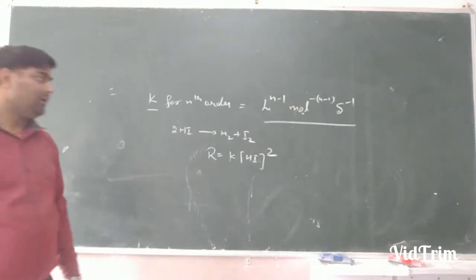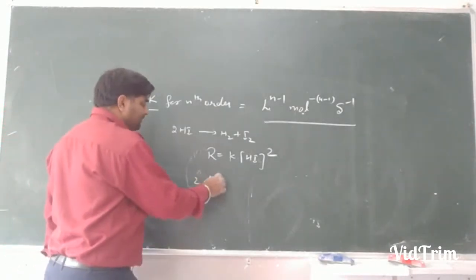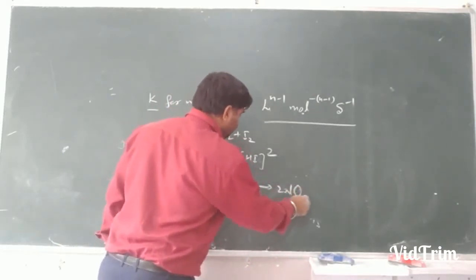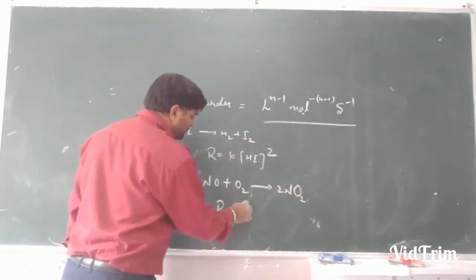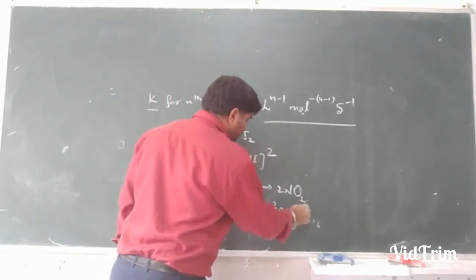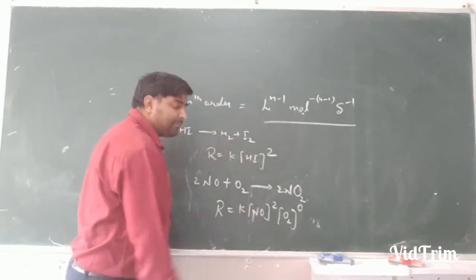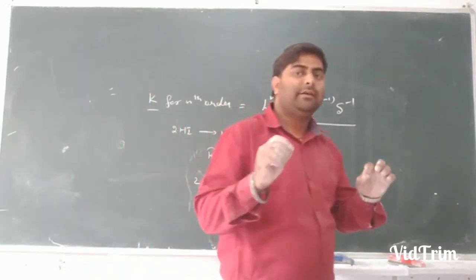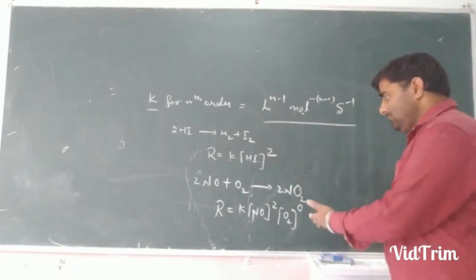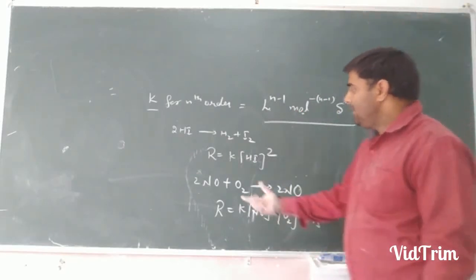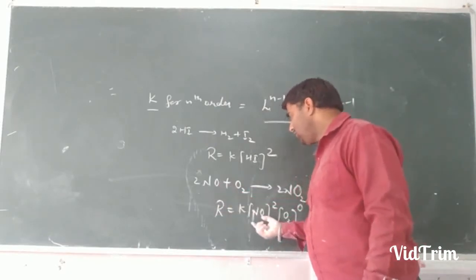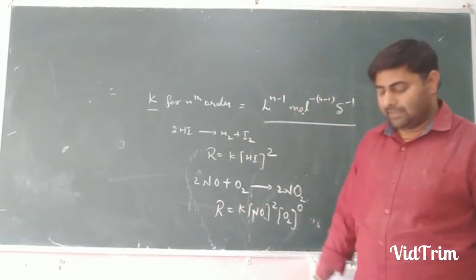Another example: 2NO plus O2 gives 2NO2. Rate of reaction equals K[NO]^2[O2]^0. I am repeating again and again that these are experimental values. Experimentally, it can be found that for this reaction, the rate depends only on the concentration of NO with power 2.